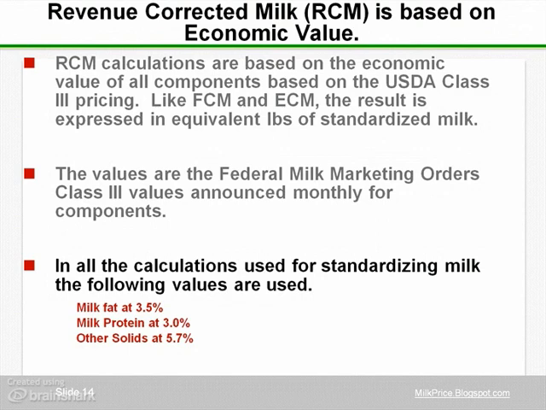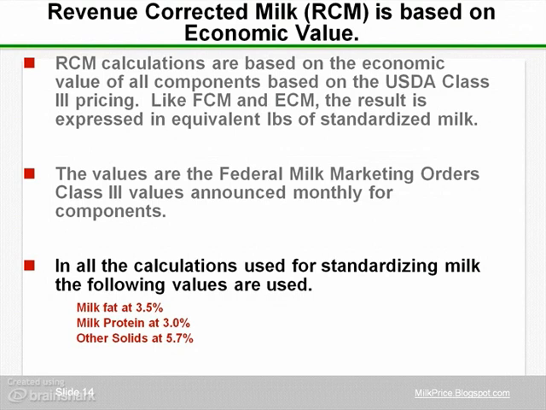As with fat-corrected milk and energy-corrected milk, the corrected milk calculation expresses a value in equivalent pounds of milk, but revenue-corrected milk is based on the financial value. Just like fat-corrected milk and energy-corrected milk, the revenue-corrected milk value is based on an equivalent pounds of milk.